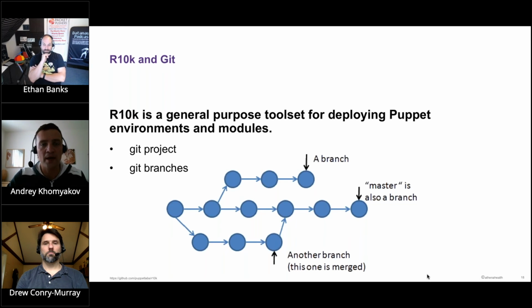In the Git world, if you don't know anything about Git, Git basically operates on the concept of branches. You have your master branch, which is probably your production-grade code, your source of truth. And the best practice is to never work on the master branch. You create a feature branch, and you do all your changes in your feature branch.